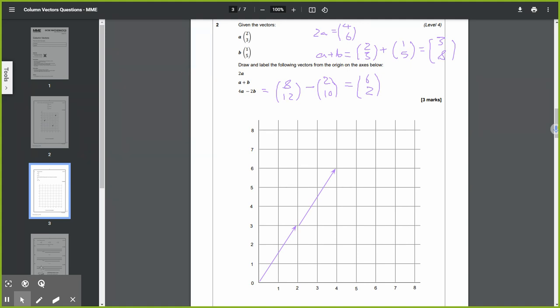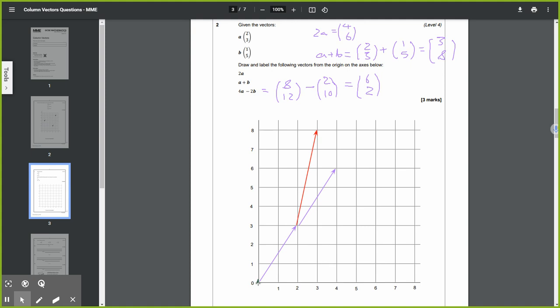So we've got A plus B, or let's just use this A down here, and we'll say B is 1 and then 5, so it's going to be 1 across and 5 up. 1, 2, 3, 5. Okay, so we'll do the resultant this time in green.